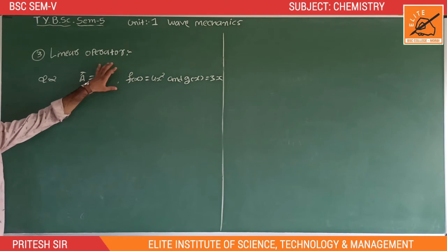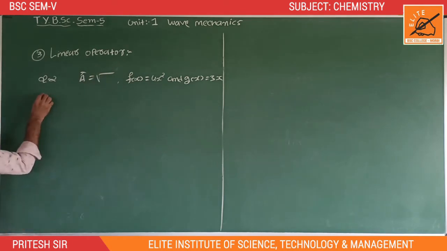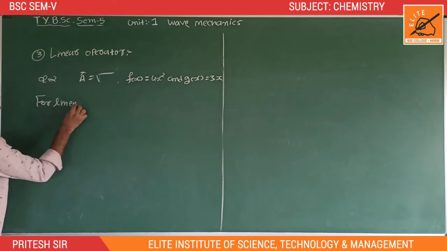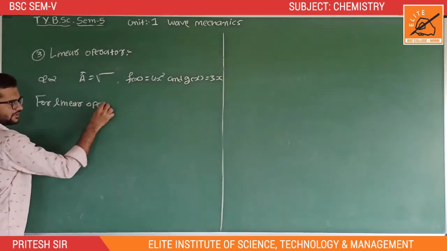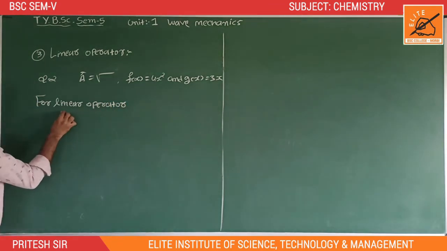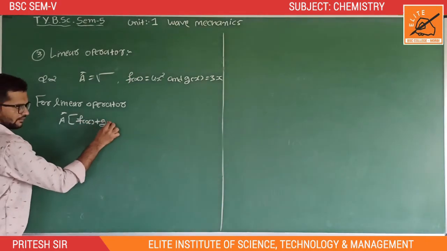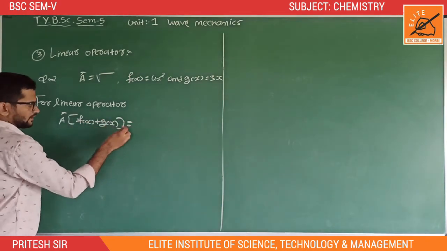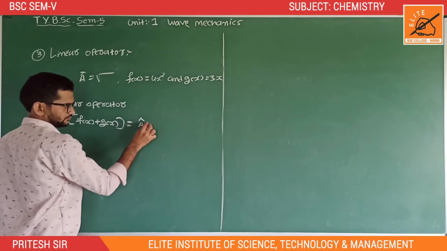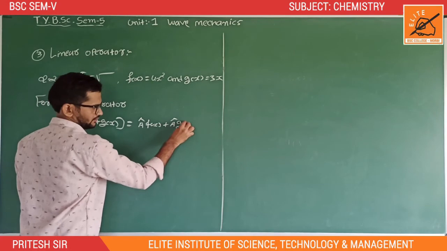So first write the basic mathematical expression of a linear operator. For a linear operator, the basic expression is A cap into bracket f(x) plus g(x) is equal to A cap f(x) plus A cap g(x).